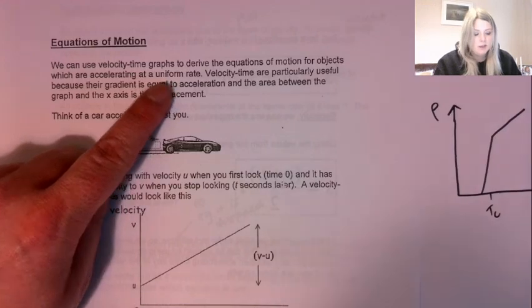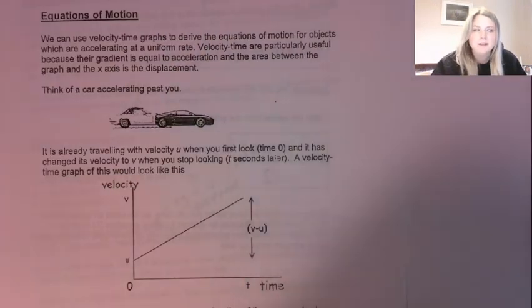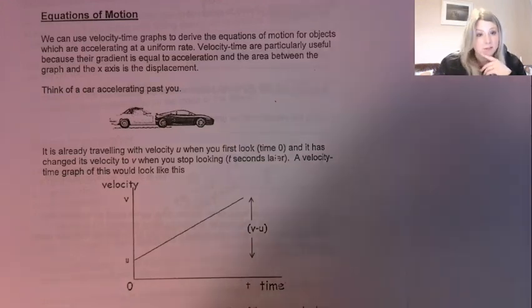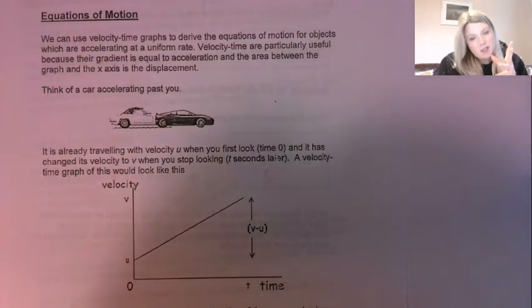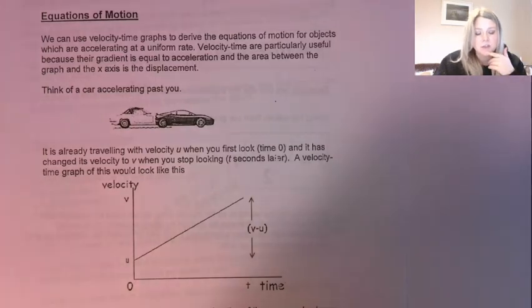So if you have your velocity time graph and it's a curve, which remember means the rate of acceleration is changing, then you cannot use the equations of motion. They only apply whenever the acceleration is constant, either a constant acceleration or a constant deceleration.